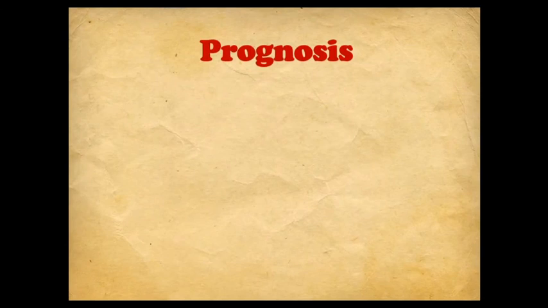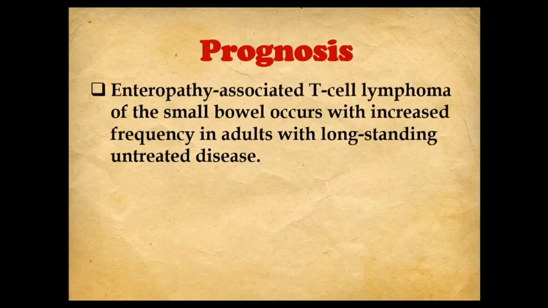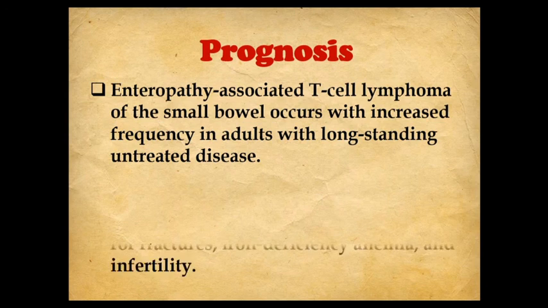Now, what is the prognosis of patients with celiac disease? Enteropathy-associated T-cell lymphoma of the small bowel occurs with increased frequency in adults with long-standing untreated disease. This is a remote possibility, but of a serious, bad prognosis.